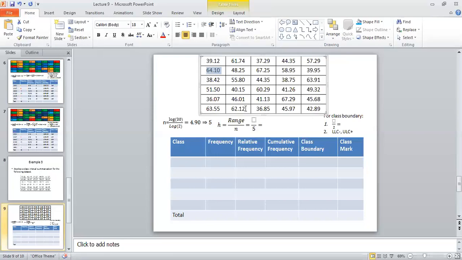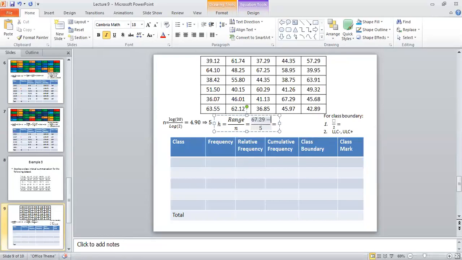So we can see there's no value greater than 64.10 in the second column, but in the third column there's a value which is much greater than this, and this is 67.25. And in the fourth column we got another value greater than 67.25, and this is 67.29. Then in the last column there is no value greater than this one. So the maximum value that we have in the data set is 67.29.